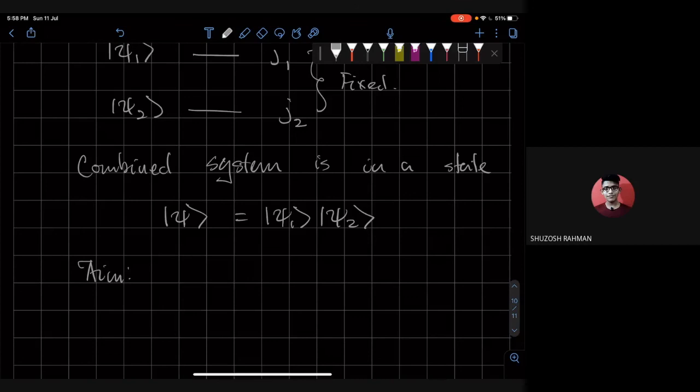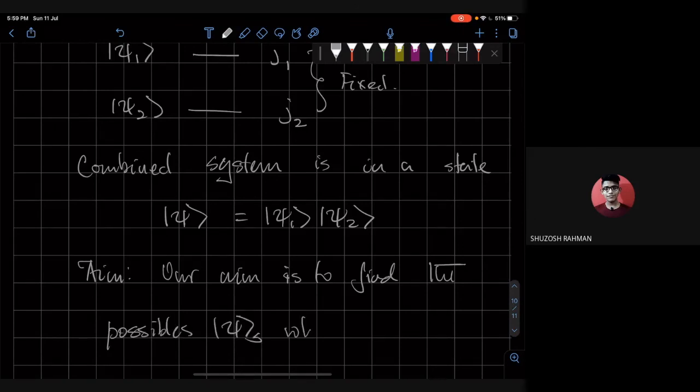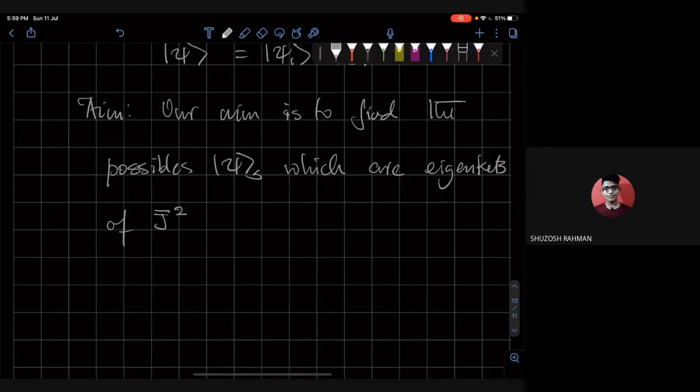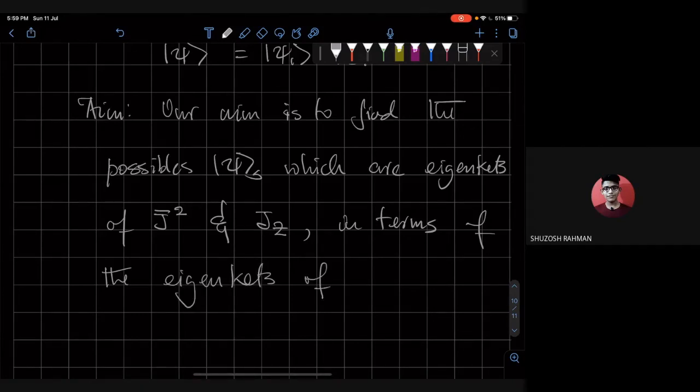Our aim is to find the possible psis, which are eigenkets of J squared and Jz, in terms of the eigenkets of J1z and J2z. Okay, this is what we're going to do.